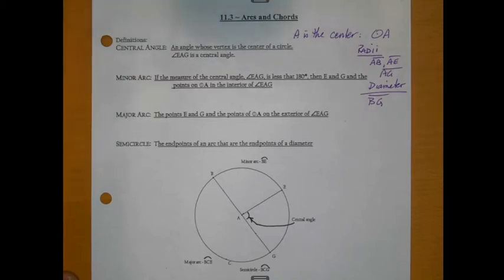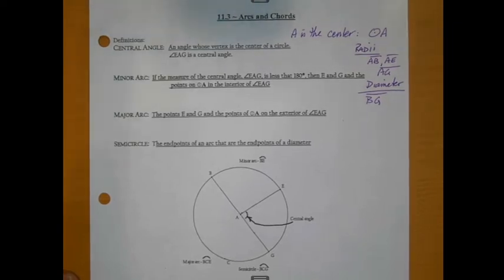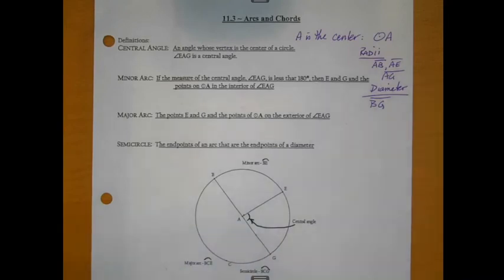All right, there are things called arcs, and arcs are portions of the circumference of a circle. So if you think about the circle, it is obviously a round object, so it's going from E along this little path, the outside of the circle where all those infinite amount of points are.